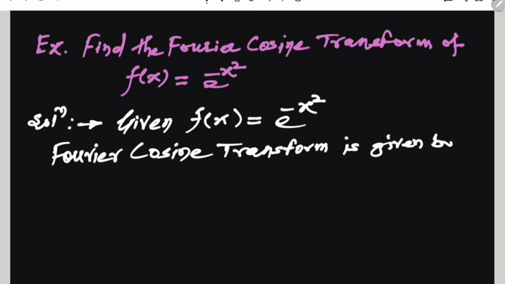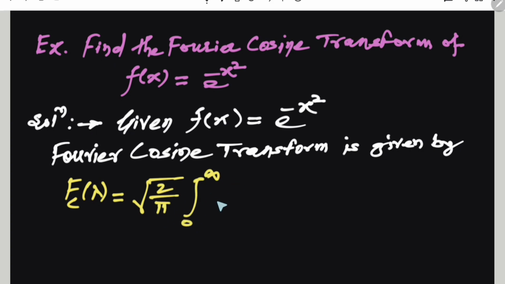Once again I will repeat that formula. F c lambda is equal to square root of 2 by pi integration from 0 to infinity f of u into cos of lambda u, and its integration with respect to u.